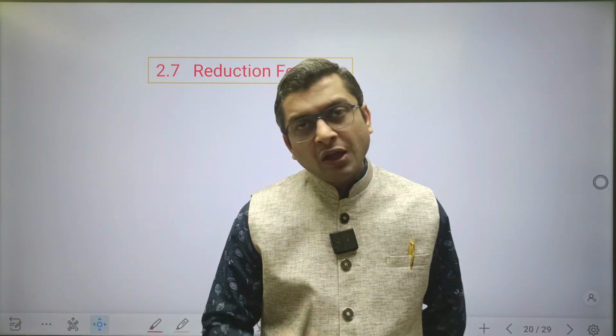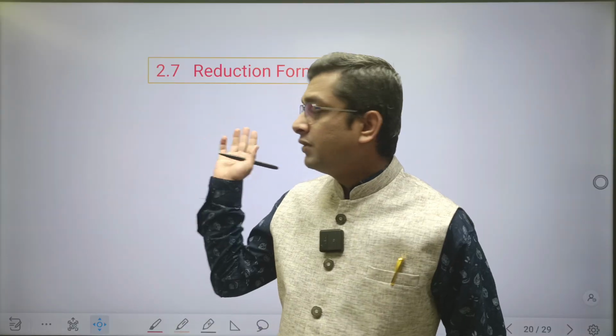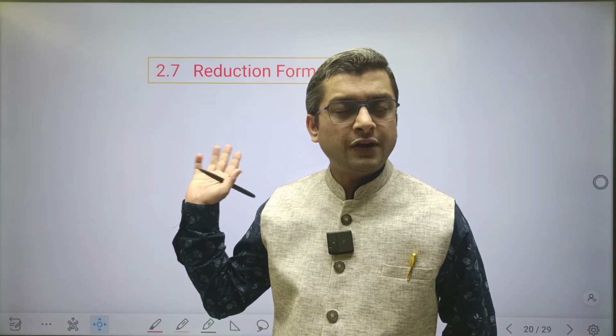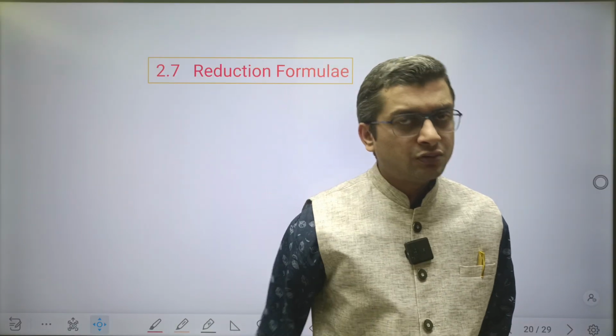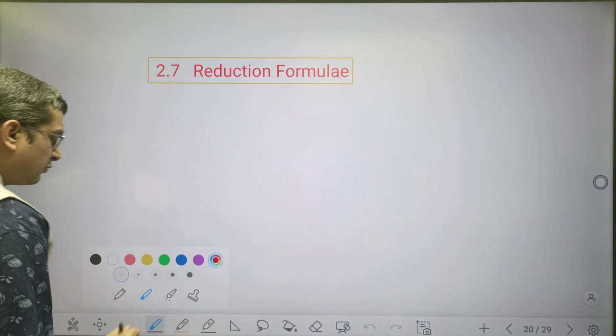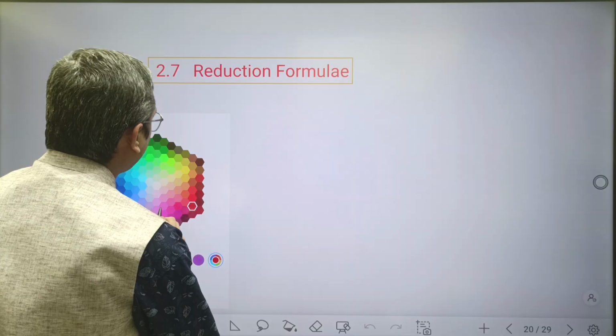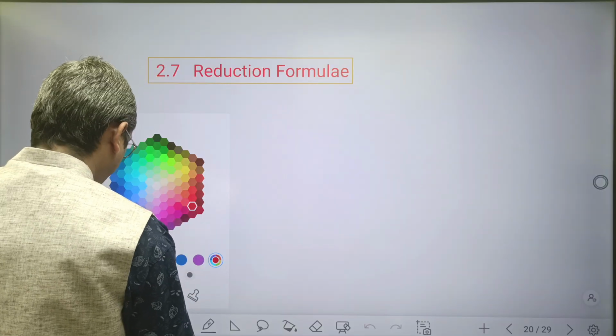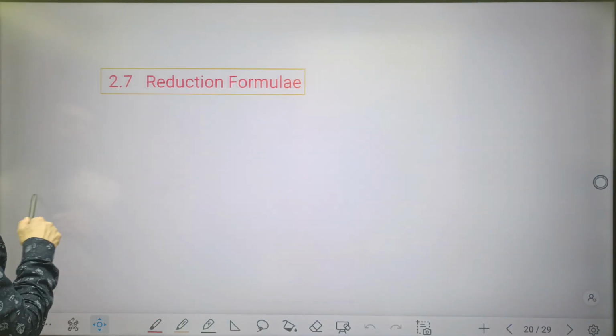But keep patience. Once you get through these 5 to 6 examples, you will be able to find these values. So I am trying to explain this formula with the use of different examples. So let us start.